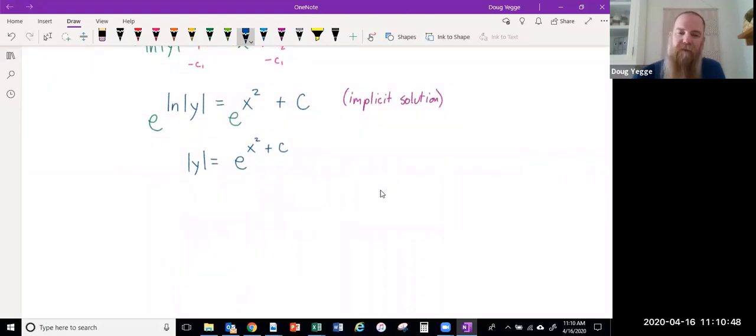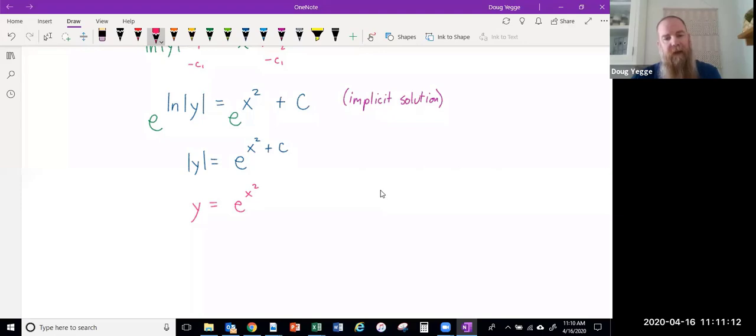But you've got to realize as well that e to any power can't be negative. So I technically don't really need to write the absolute value of y in this particular situation. And so notice I could just write y. But there's another little trick here.